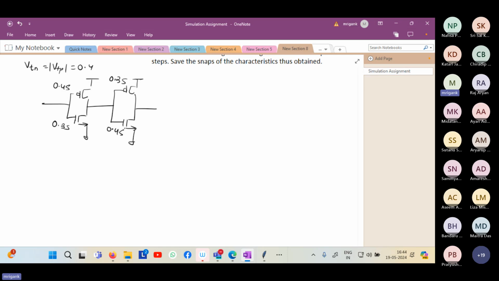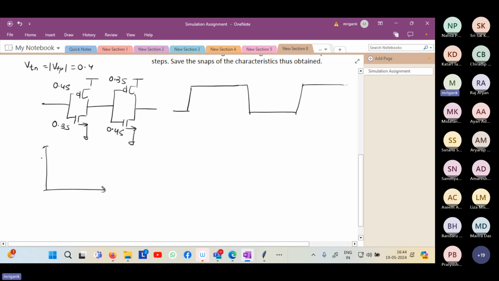So what will happen if you have, say, the input waveform? Here we have the VT of the NMOS being low. So what is expected? A lower VT means the curve has shifted towards which direction?